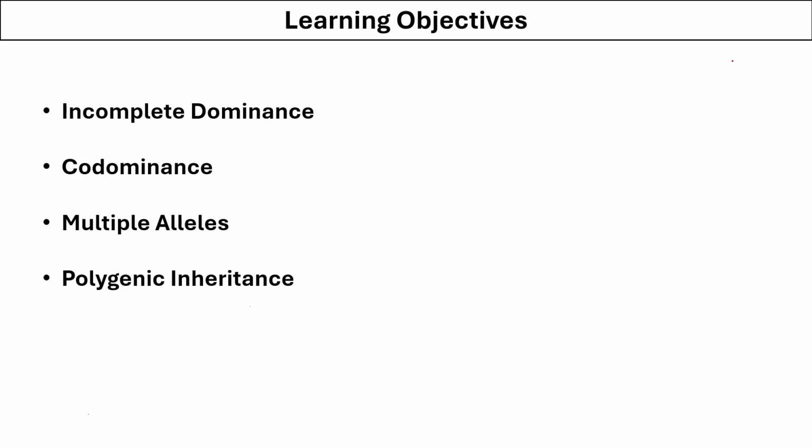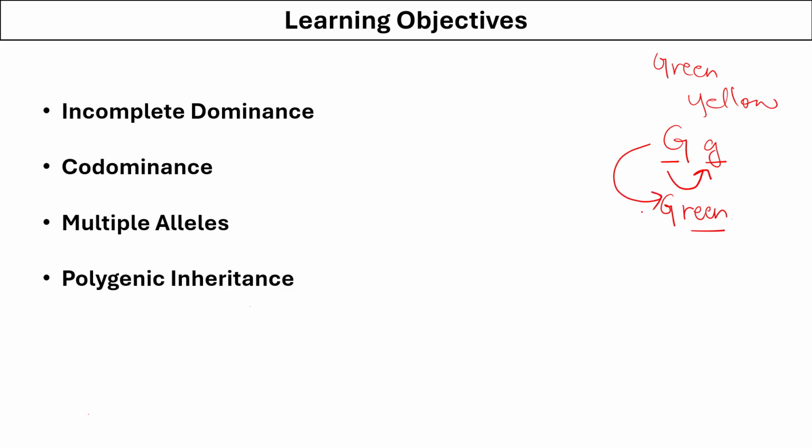That means if you knew that green color is dominant over yellow color, and you knew that the genotype is capital G and small g, so that the option for green and yellow is there, but you know that one is completely dominant over the other, you could conclude that the genotype would lead to green color phenotype. So this genotype gives you this phenotype.